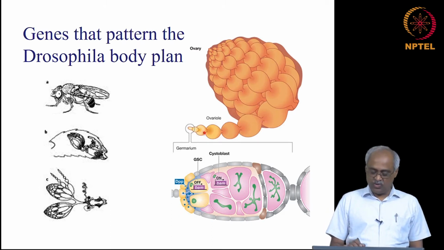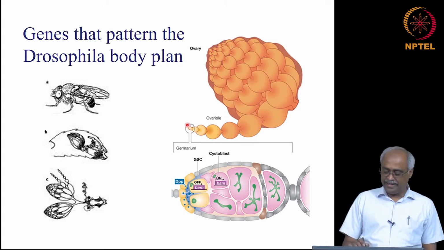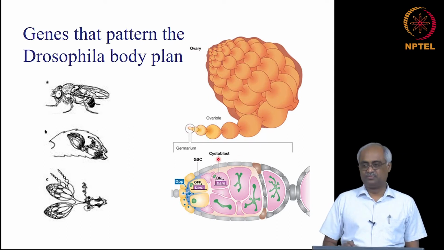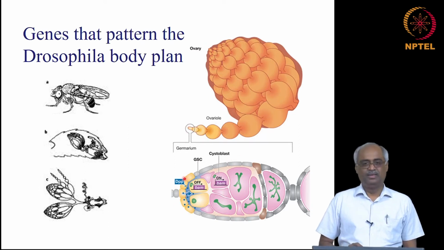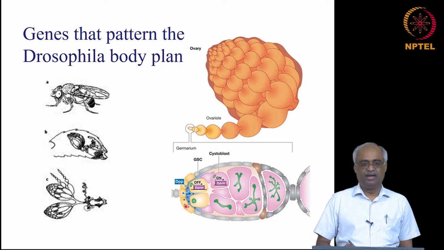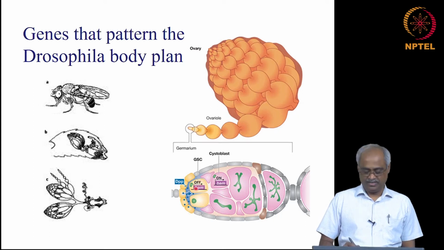In the ovariole, if you go to one end of it, like this portion, you will see a structure like this. In that you have these somatic cells, and inside that lie 2 germline stem cells, GSCs, and these divide, and every time they divide, the division is asymmetric.